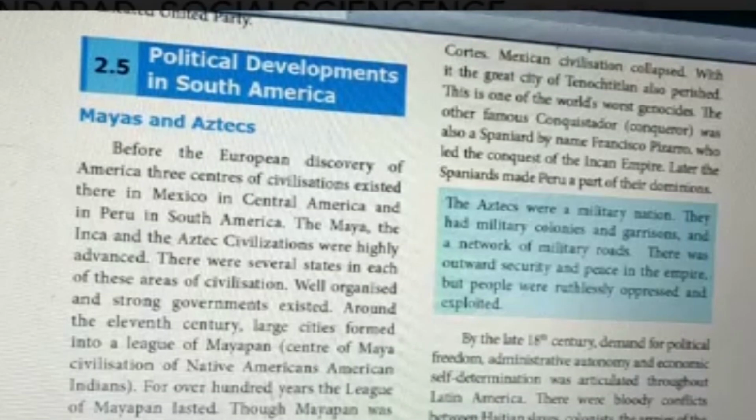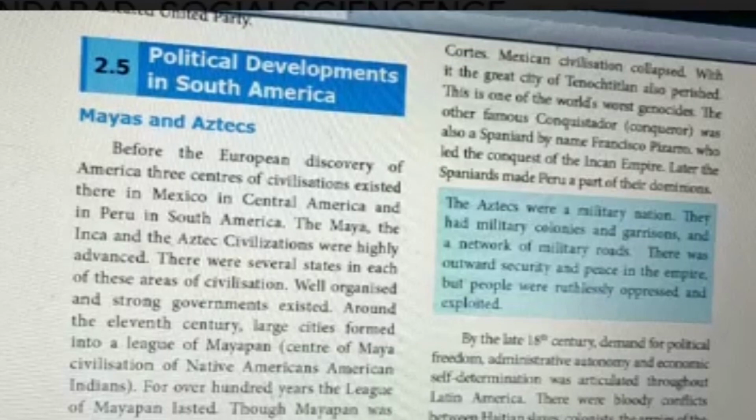And next, political development in South America. The Europeans discovered America, and there were peoples or tribes living with civilizations. Here we can remember that we had three major civilizations.